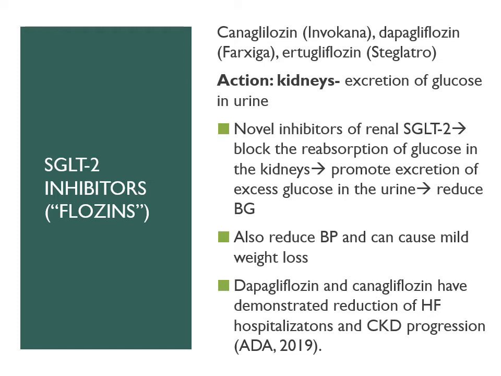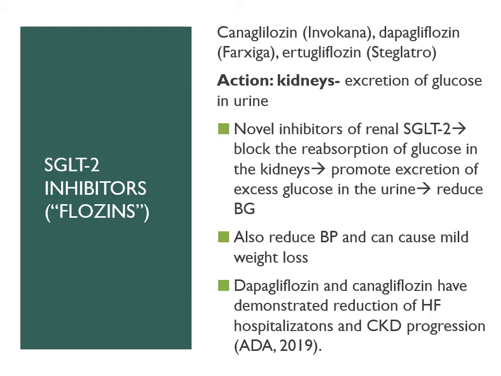Next, we have the SGLT2 inhibitors, or the flozins, Invokana, Farxiga, Steglatro. They act on the kidneys. So we're getting away from the incretin hormone system. And these act on the kidneys to promote the excretion of glucose in the urine.